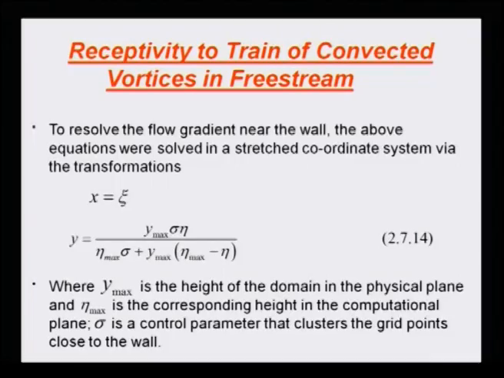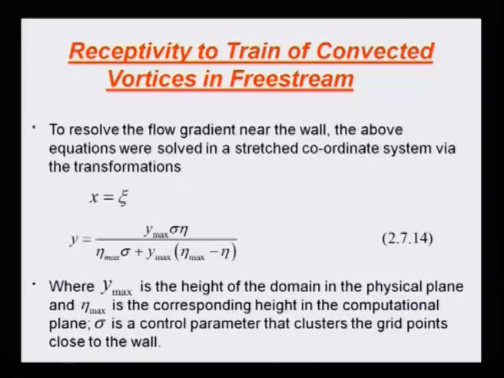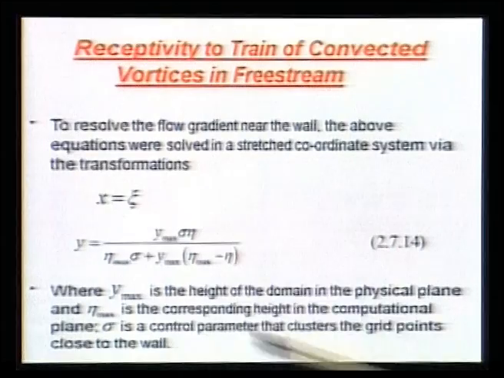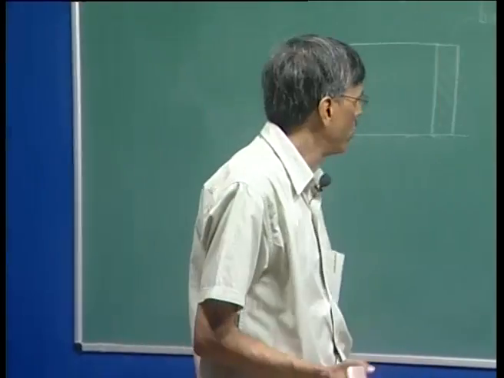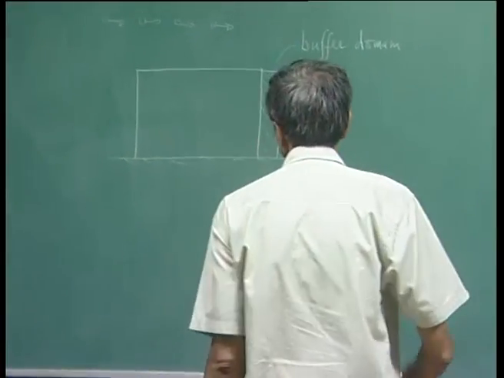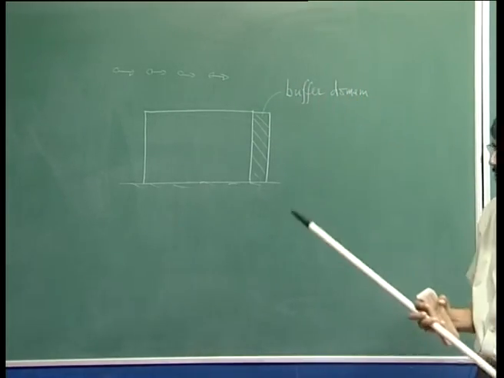So, we will use a transform coordinate xi, which is nothing but the x itself. Whereas, in the wall normal direction, we would resort to some kind of a stretching. So, we are going to take a very limited height, but we are going to stretch it out significantly.